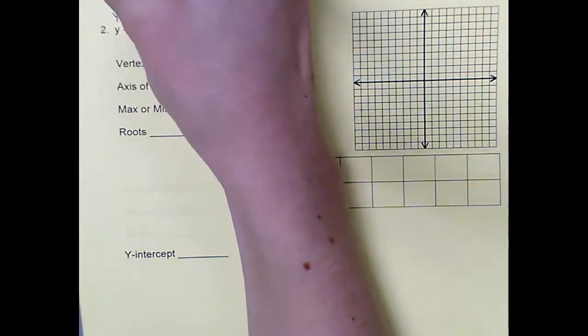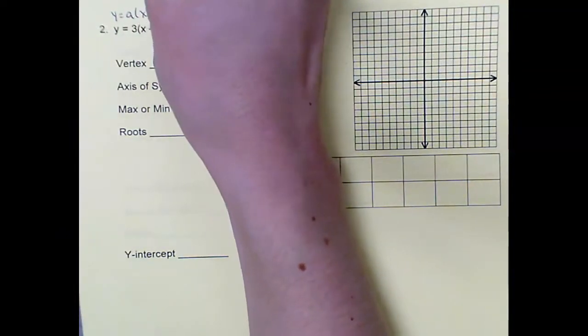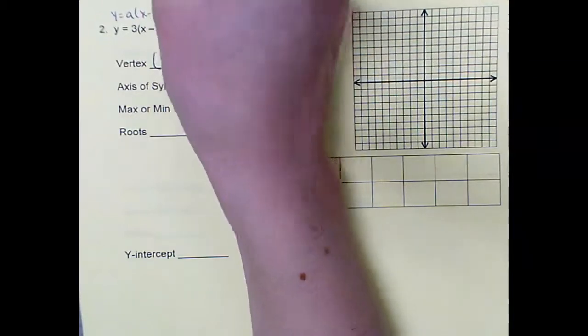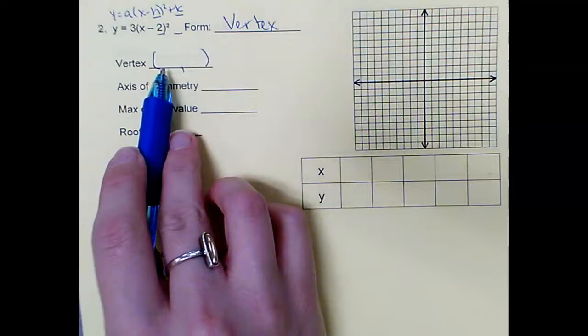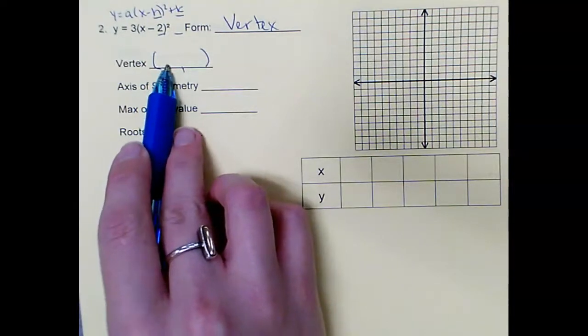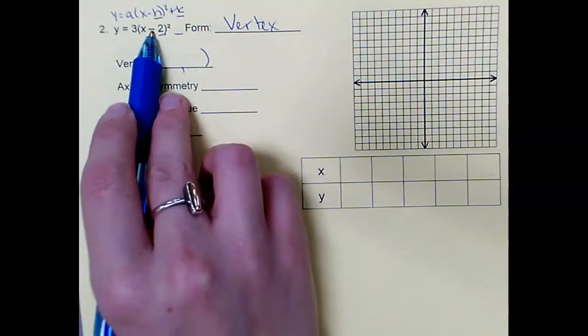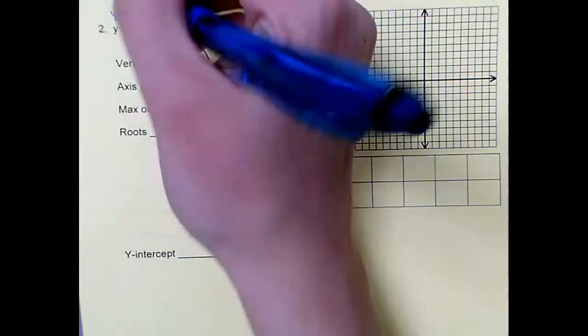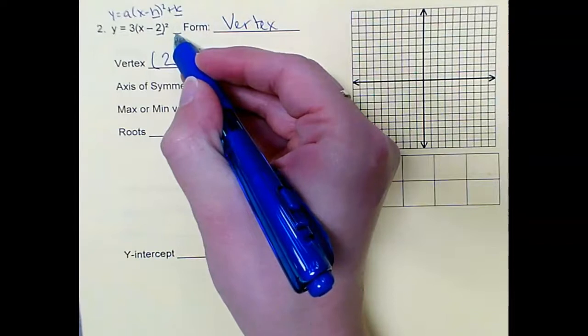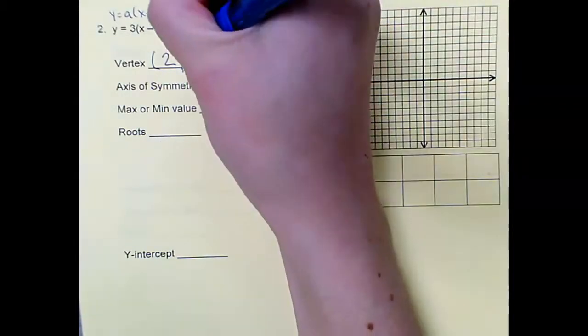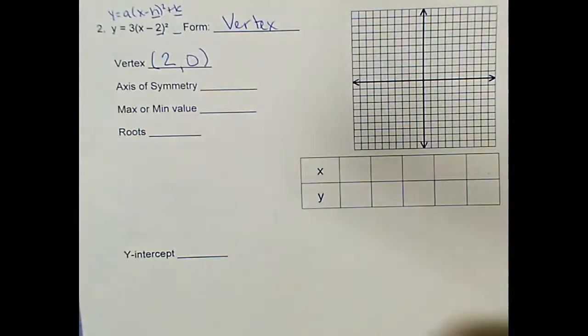So y equals a times (x minus h) squared plus k. Well, h and k is the vertex. So what's the h value? Everything in parentheses is a lie, so it's not -2, it's +2. What's the k value? It doesn't show up, so it has a value of 0.